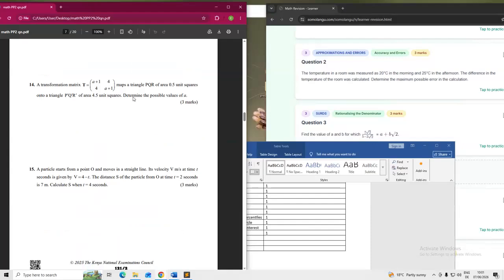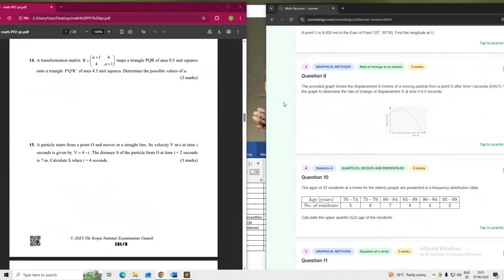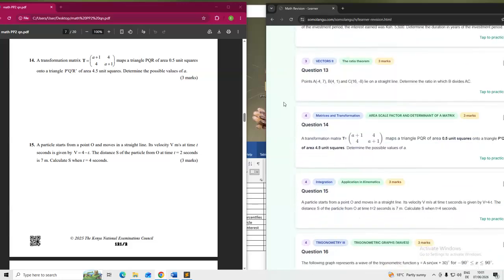Question number 14. We are almost done with Section A of the paper. We have a transformation matrix T that maps a triangle PQR of area 0.5 unit squares onto triangle P'Q'R' of area 4.5 unit squares.